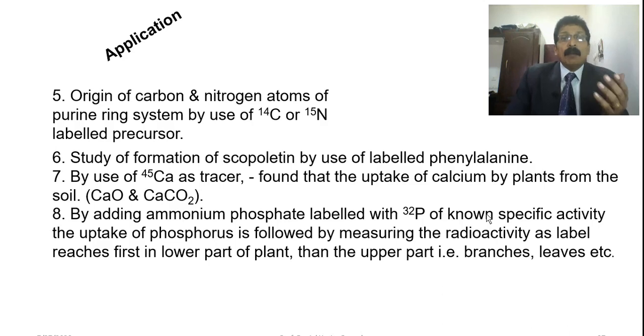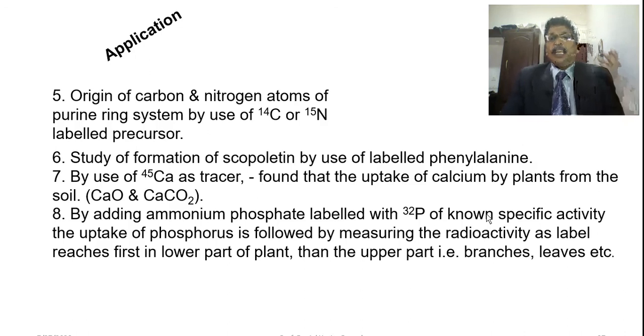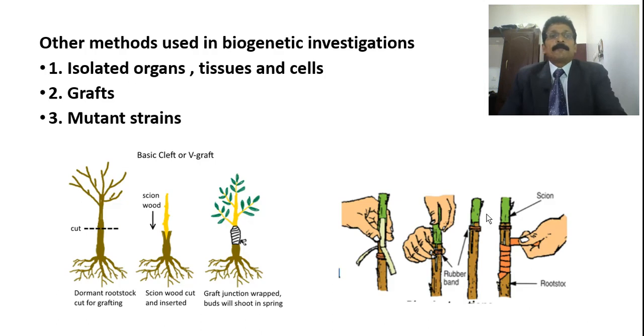By adding ammonium phosphate labeled with phosphorus 32 of known specific activity, the uptake of phosphorus is followed by measuring the radioactivity, as the label reaches the lower part of the plant first and then the upper part, that is branches, leaves, etc. This can also be studied.